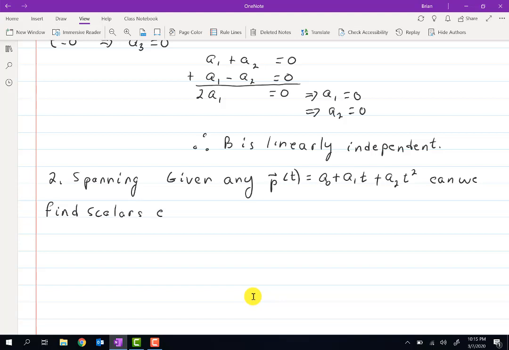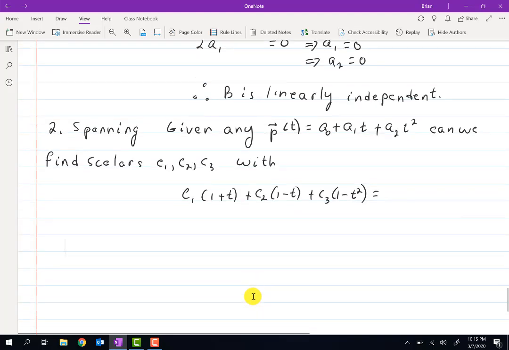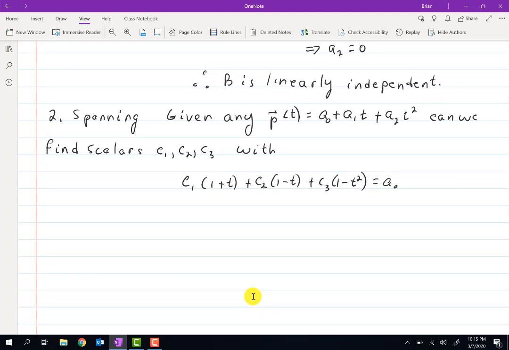We'll call them C1, C2, and C3 with C1 times 1 plus t plus C2 times 1 minus t plus C3 times 1 minus t squared. Will that equal the given vector a naught plus a1t plus a2t squared?